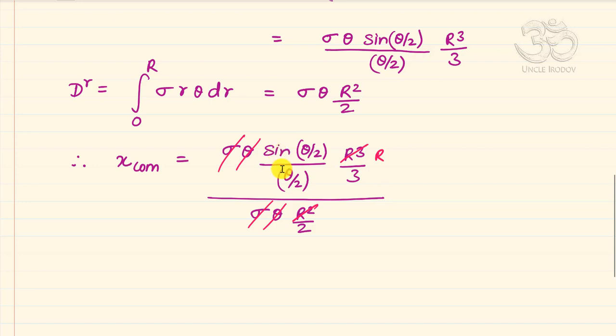Sine theta by 2 will be as it is. This 2 will flip up, this 2 will flip up, so you will have 4 times sine theta by 2 divided by 3 theta, and all that multiplied by r. That's the final answer for any sector of a circle, where theta again has to be inserted in radians. So please keep in mind that this will give you the final answer for the center of mass.